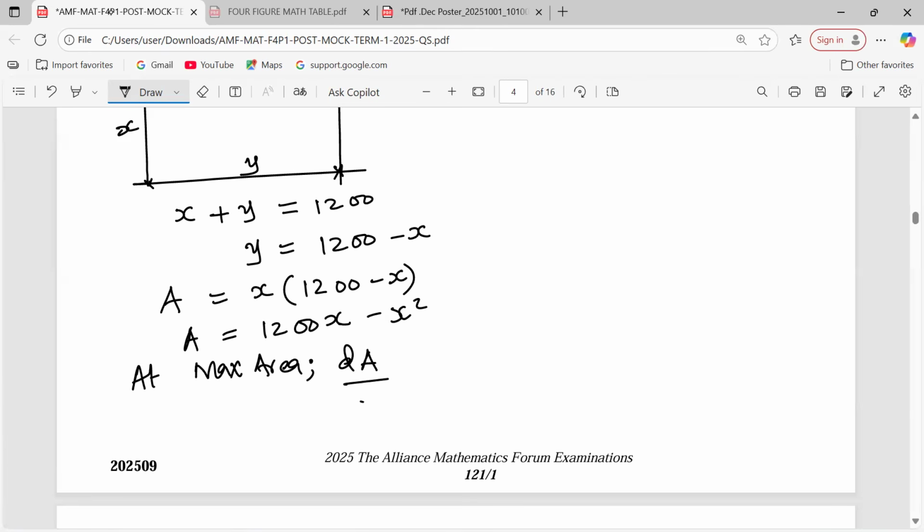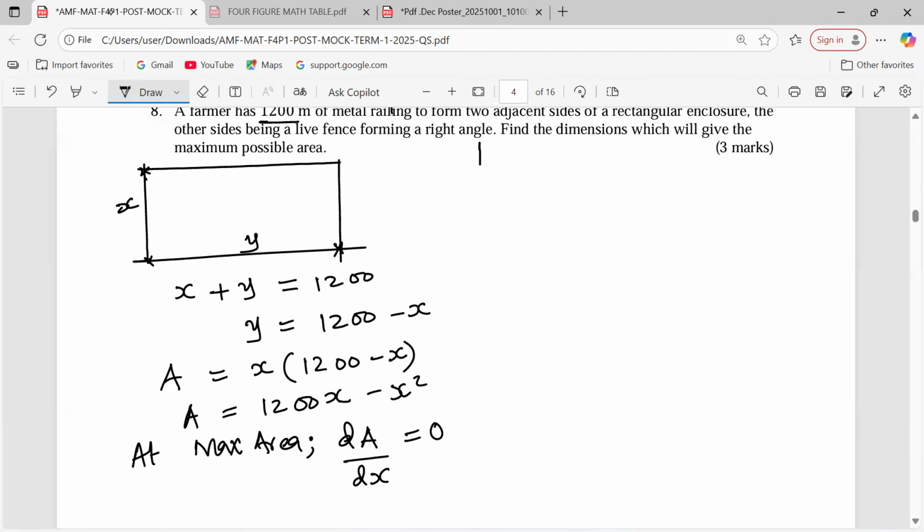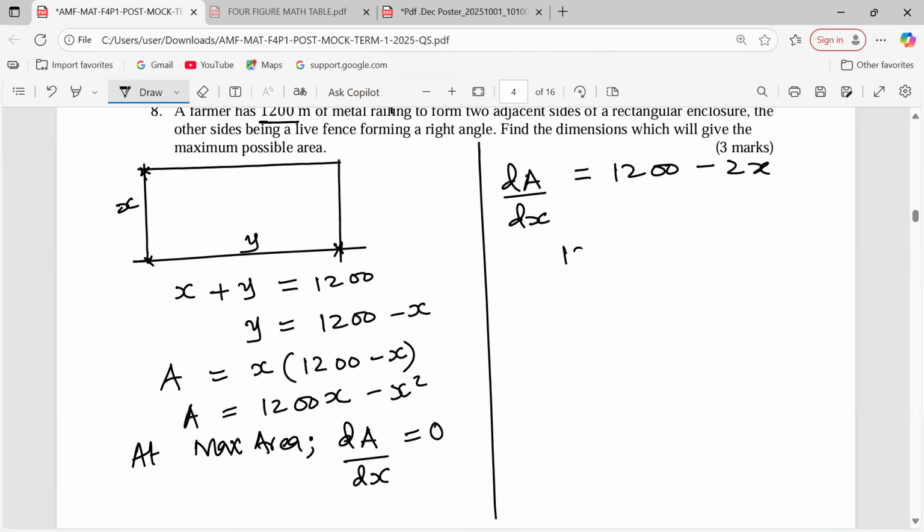If that is area, then at maximum area, the derivative of area with respect to X should be 0. Therefore, we will have the derivative of area with respect to dimension X, whereby now we are having 1200 minus 2X. So 1200 minus 2X equals 0. 1200 equals 2X.